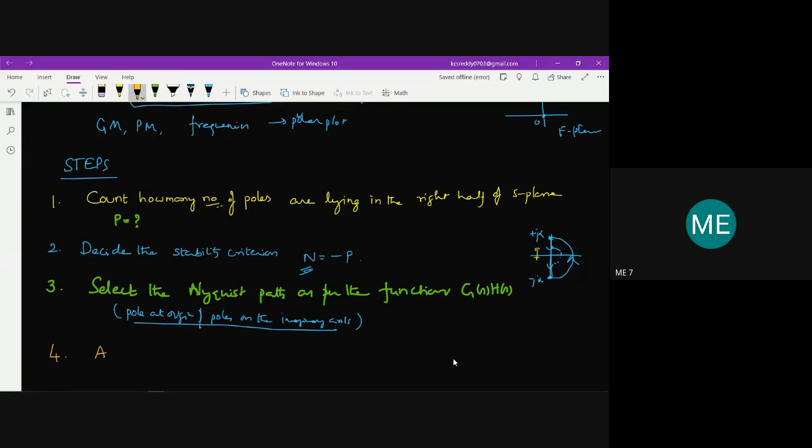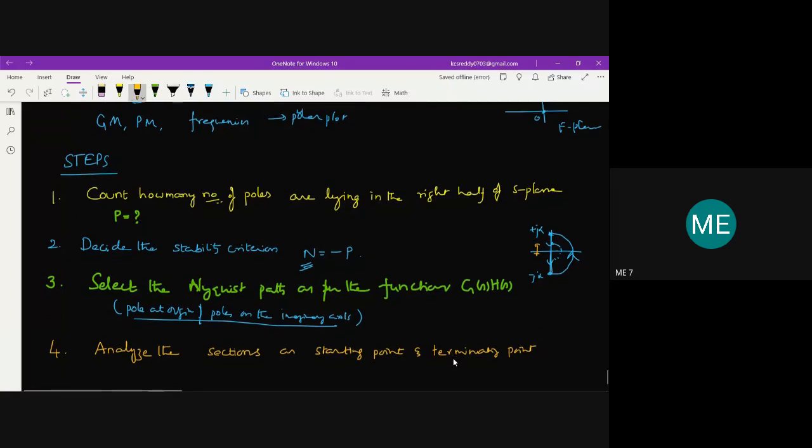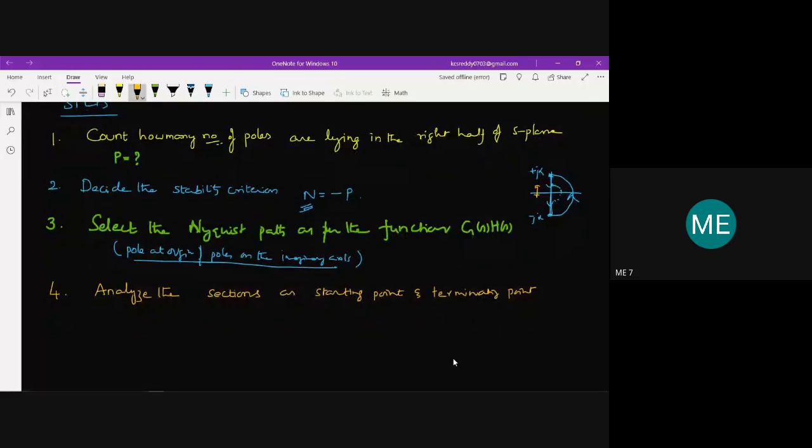So analyze the sections, with starting point and terminating point of the plot. The last section is not required because it is equal to zero, that is at origin. The last section in the polar plane, if I convert that, will become 0. So that's why the last section is not required.